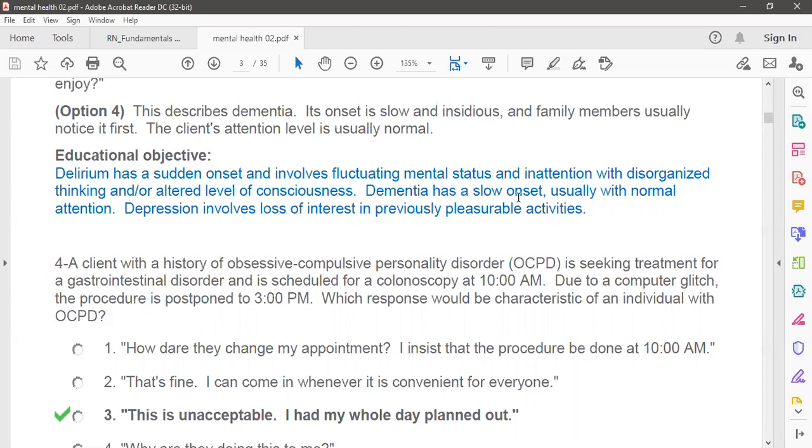Dementia has a slow or gradual onset, and usually the attention, meaning level of consciousness and vital signs, is unchanged. Dementia is related to a neurological disorder.